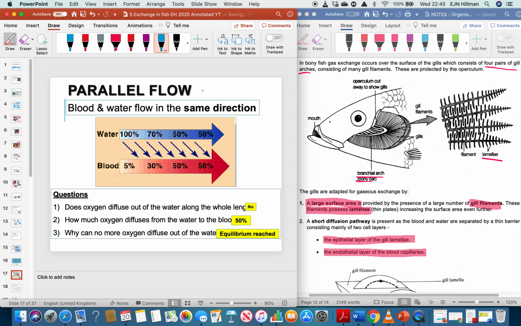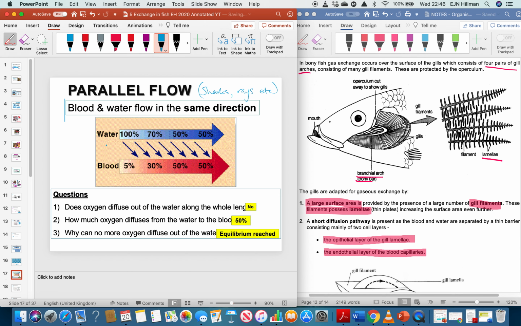Now, parallel flow is present in those cartilaginous fish: sharks, rays, guitarfish, etc. Okay, now if we have a look, the water, as it begins to pass over the lamellae, has a higher saturation of oxygen. It comes into contact with blood with a much lower saturation of oxygen, as we'd expect.